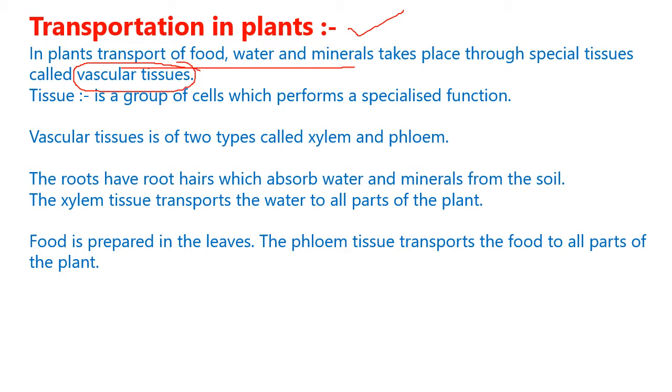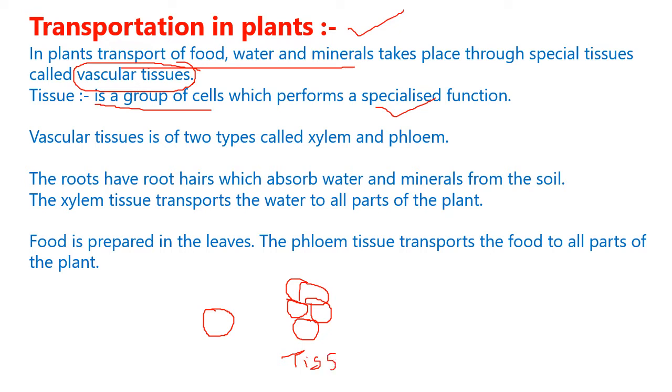So first, what is a tissue? It is a group of cells which performs a specialized function. As in the lower classes you have studied, this is the cell. When one or two cells join together, it forms the tissues.